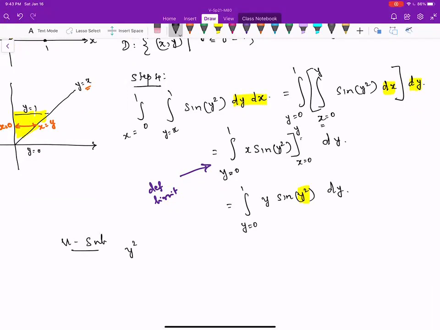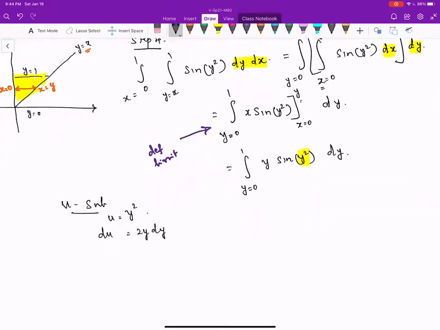So y square equal to u, or du equal to 2y dy. So it is integral sine of u, then you have y dy, and that y dy is half of du.